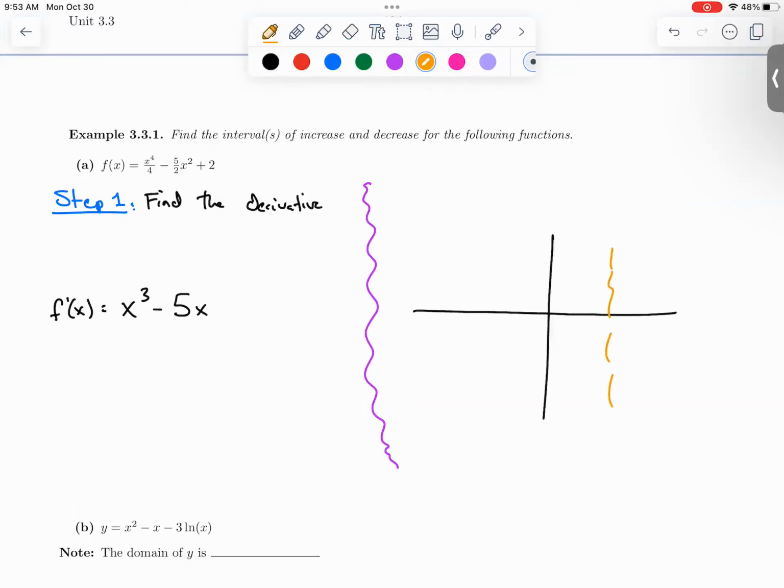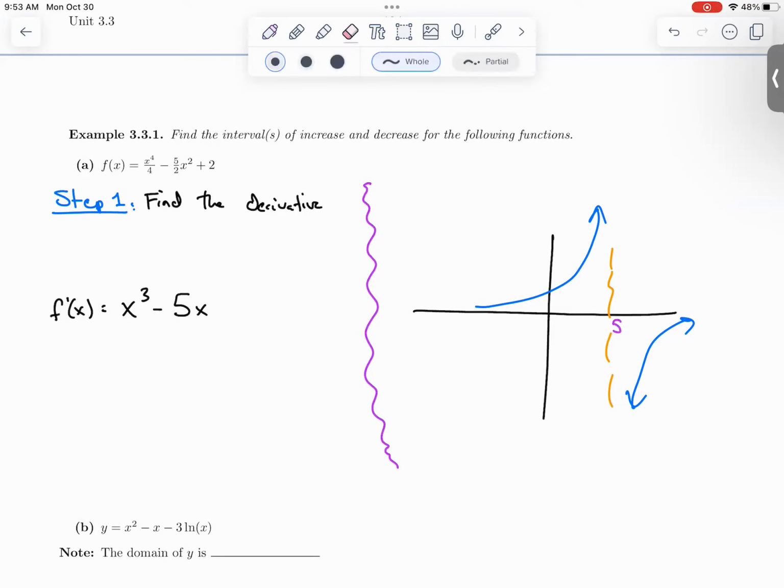So if this is my curve, and you're not drawing this, let's call that 5. I don't care what it is. At 5, we have a semi-critical value. The derivative does not exist. Oh, wait.